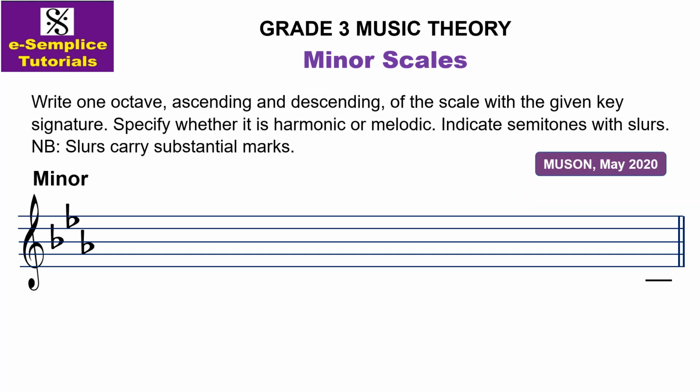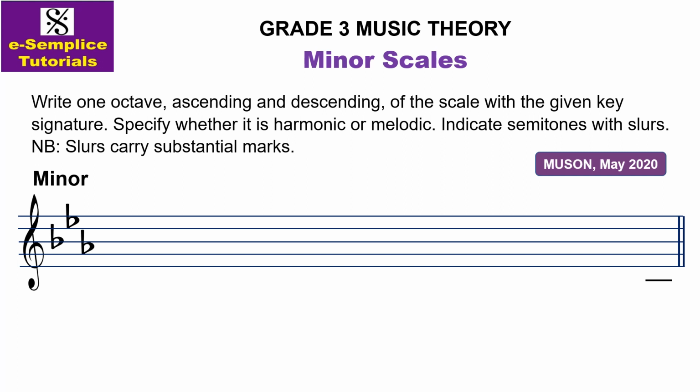Let's proceed. This is from Muzon, May 2020, and the question says, write one octave ascending and descending of the scale with the given key signature. Specify whether it is harmonic or melodic. Indicate semitones with slurs.